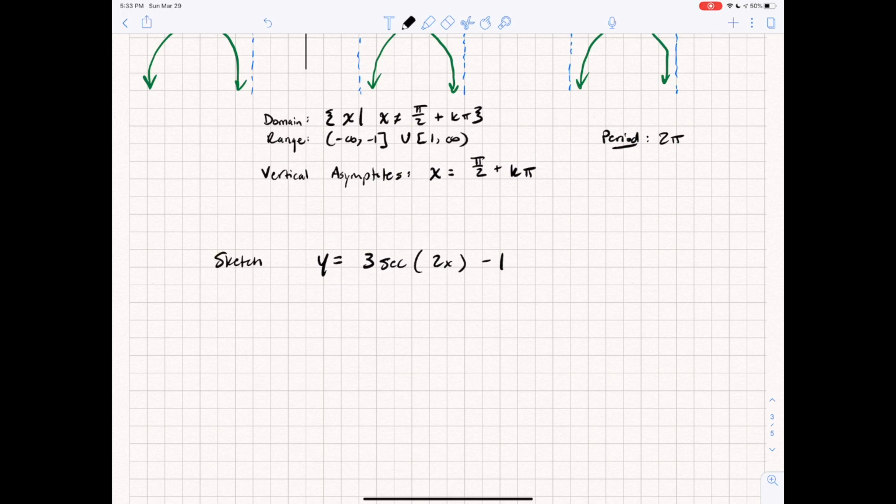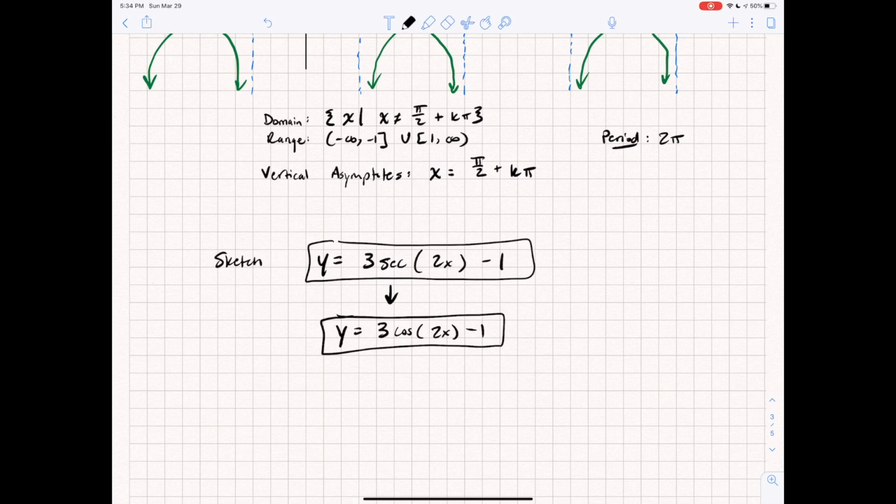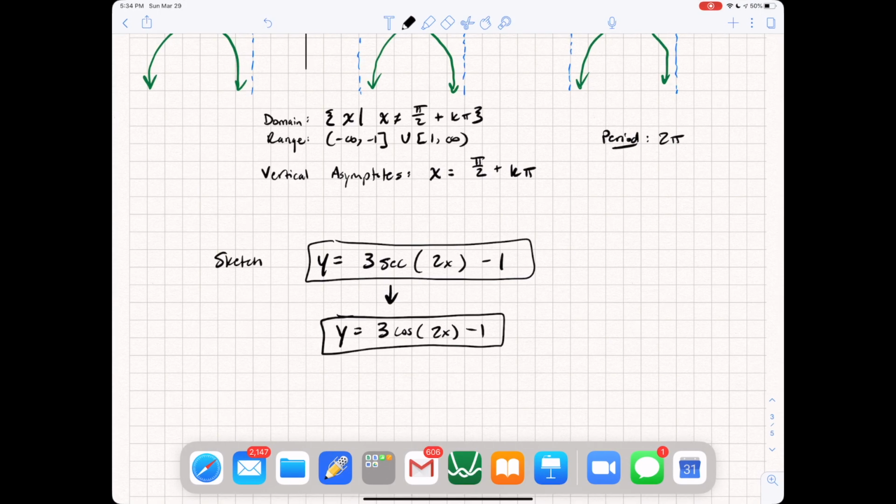Now, if you were to sketch this, again, the process would be to really go through and sketch 3 cosine of 2x minus 1. So these problems are actually just hidden modeling questions that you saw last week. And just to justify that, what I'm going to do is type this into Desmos, so we can see what the graph is, and see if what we did before actually works with this process.